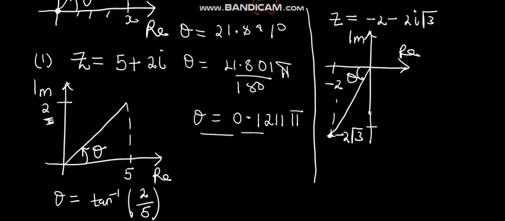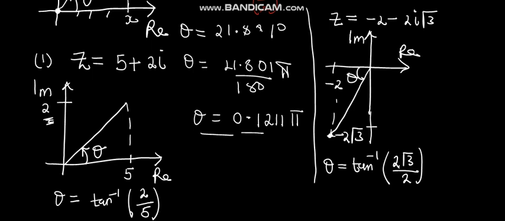Now we need to find the argument theta, which is tan inverse. We say that it is the imaginary, which is 2√3, out of the real, which is 2. As students, the reason why we take positives is because the -2 and the -2√3 are just telling us that it is lying in this quadrant.